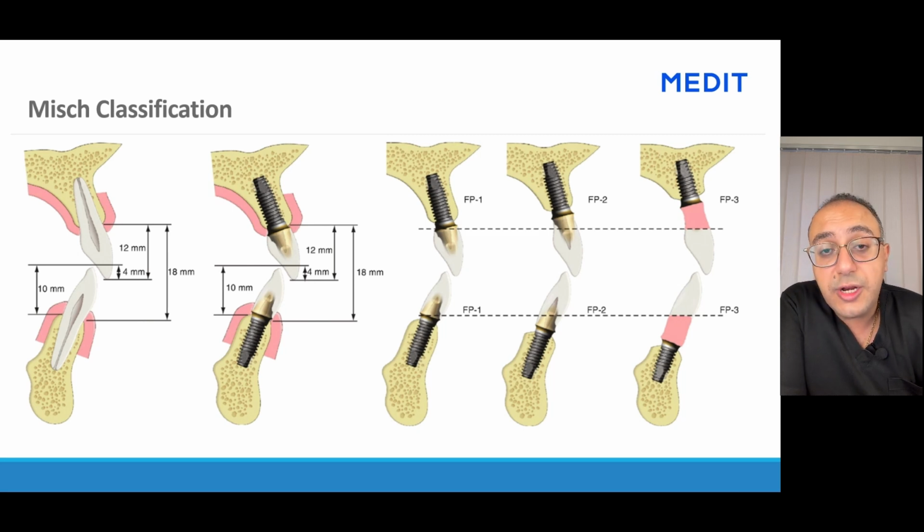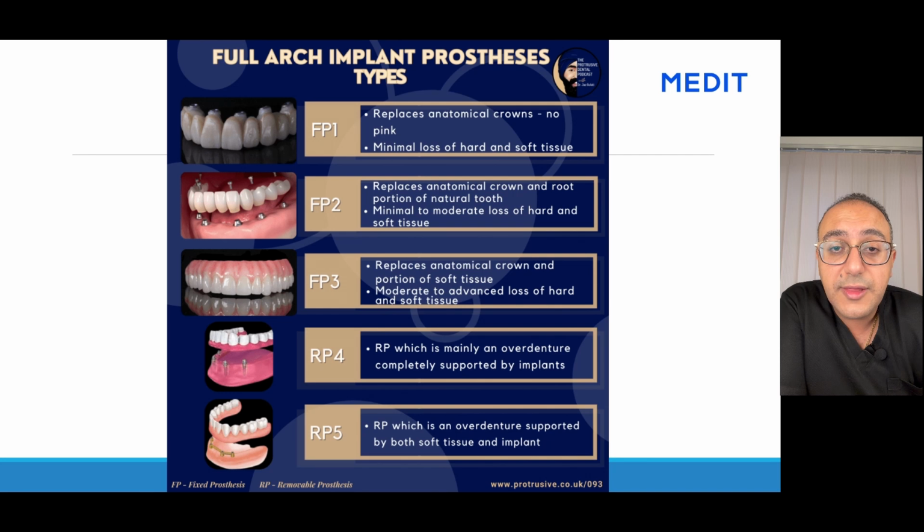Well, in general, it is preferable that your final restoration be either an FP1 or an FP3. Because when you have an FP1 restoration, only white, your patient's gum is his original gums, so it looks totally natural.